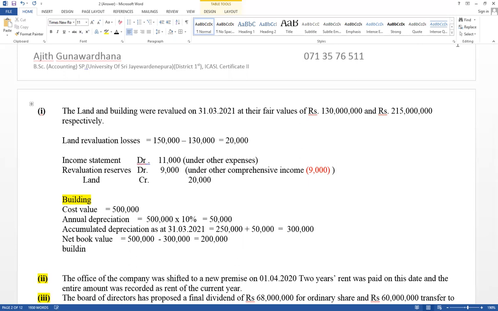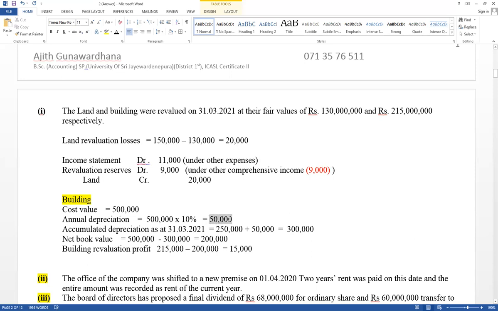Building revaluation profit surplus equal revaluation amount 215,000 minus net book value as at the revaluation date 200,000. You have to compare net book value and revaluation amounts as at the revaluation date.